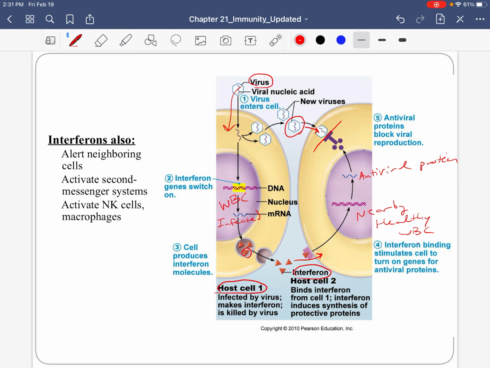Now, these interferons do other things. You don't have to know all of these things. I just wanted to include that because it's true. But also as an indication that these modes of defense tend to help each other.